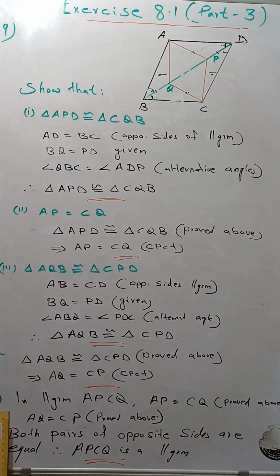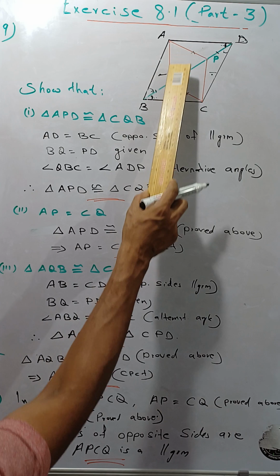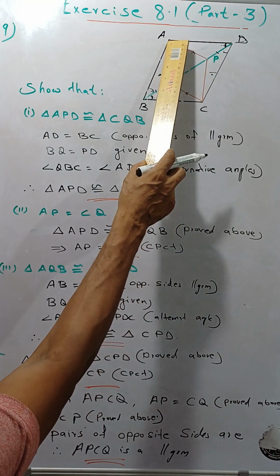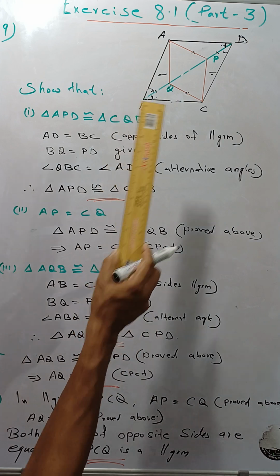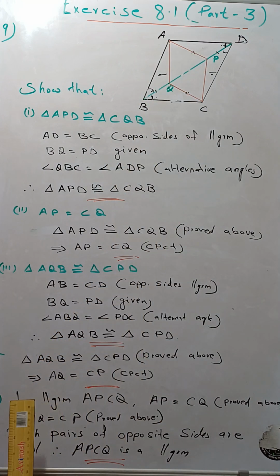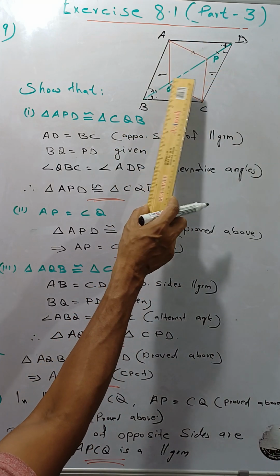Then the last part, the fifth one: prove that APCQ is a parallelogram.